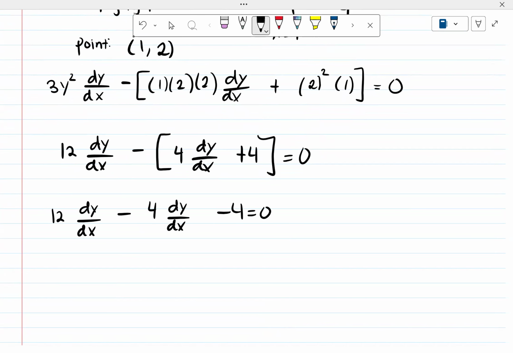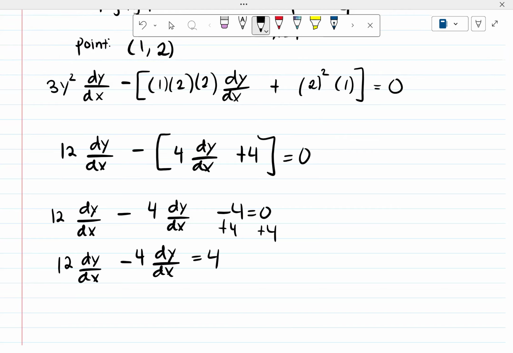And then go ahead and solve for dy dx. So first I would add 4, get 12 dy dx minus 4 dy dx equals 4.